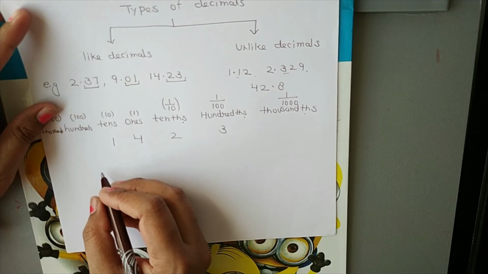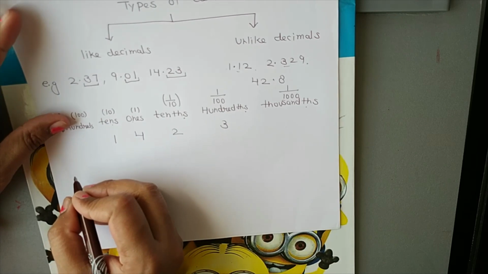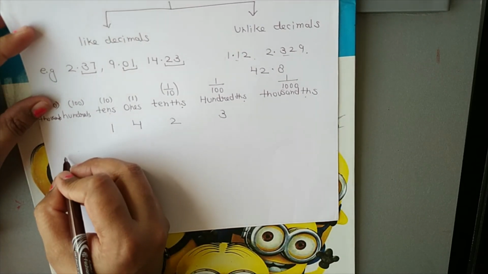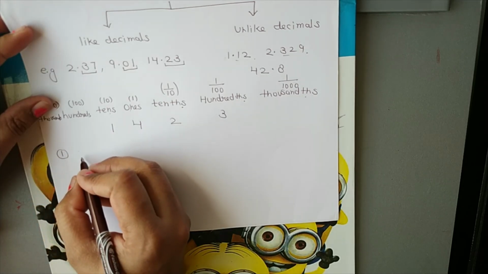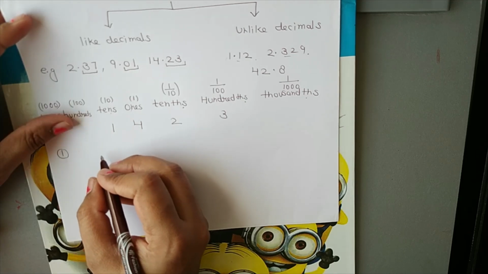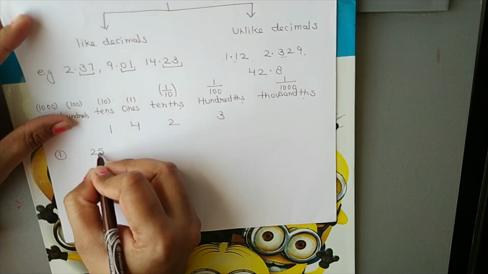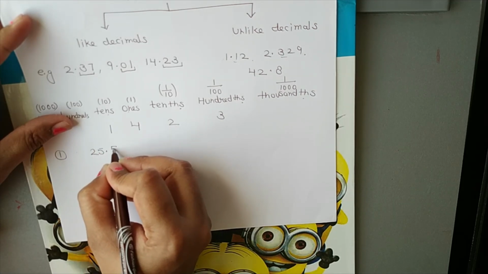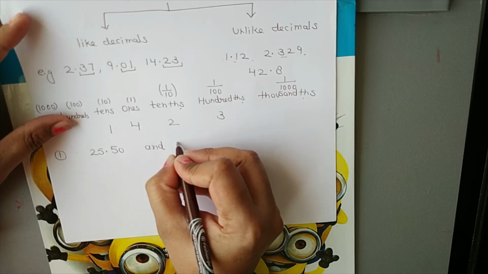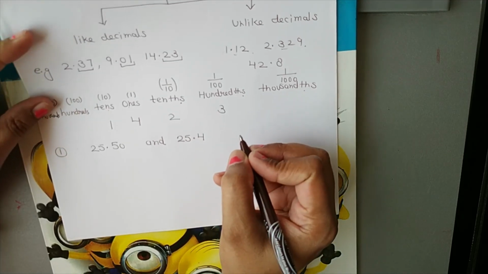Now how will you compare decimal numbers? First you have to remember some points. First, convert the given decimals into like decimals if they are unlike. Suppose two numbers 25.50 and 25.4 are given.